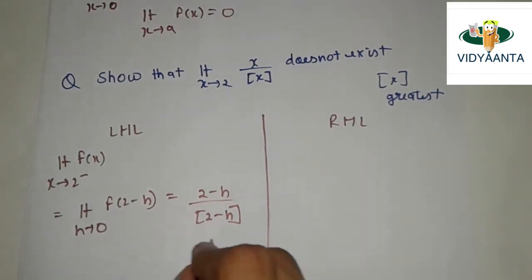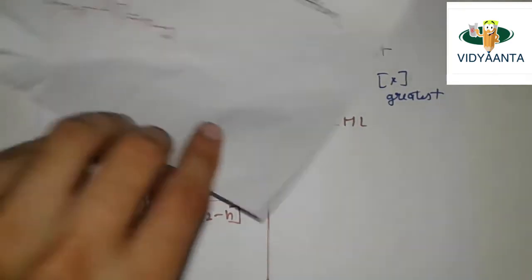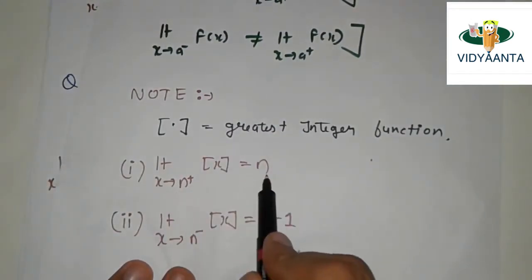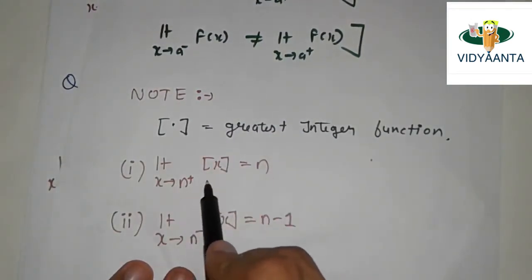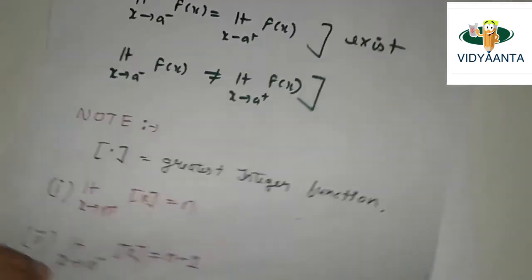As I have told you, the property of the greatest integer function, like this one. Are you getting what I want to say? The limit of x tends to n plus of [x] is equal to n, and the limit of x tends to n minus of the greatest integer x is equal to n minus 1.